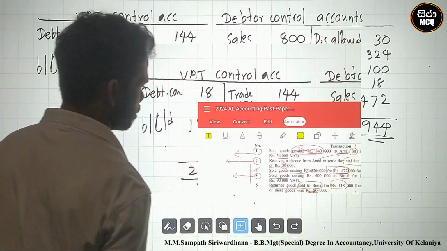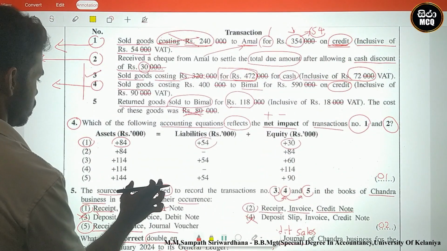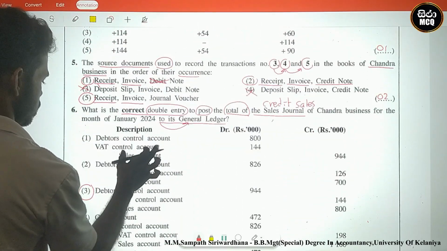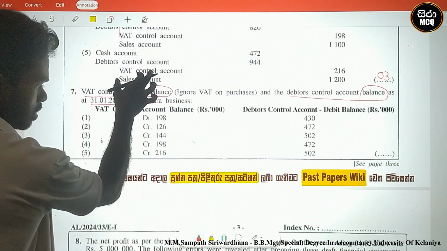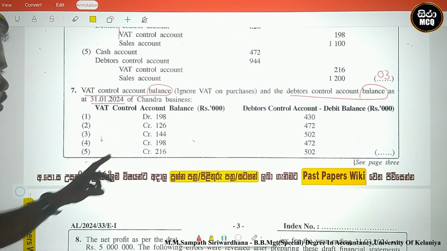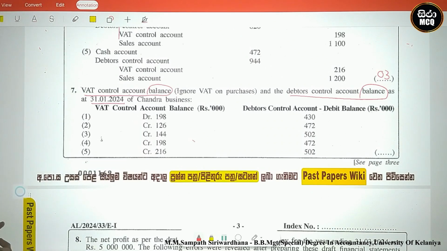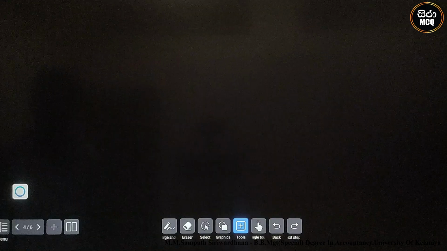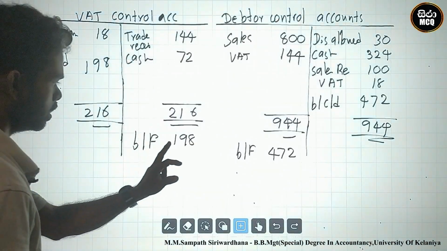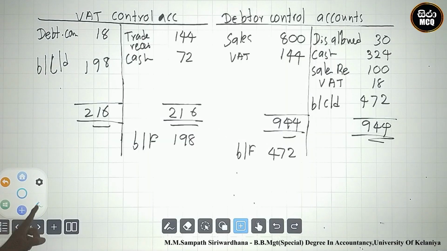Look here. Answer to question number 7. What is the VAT control account balance? VAT control 198.